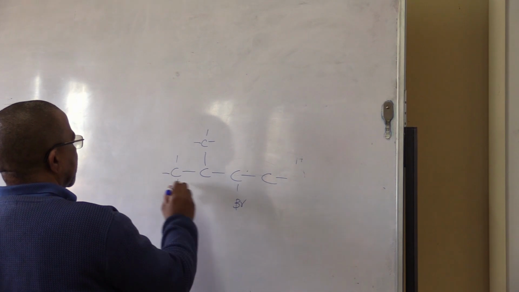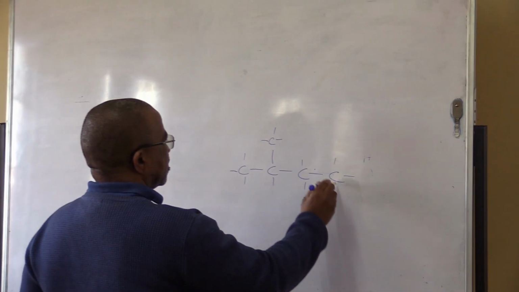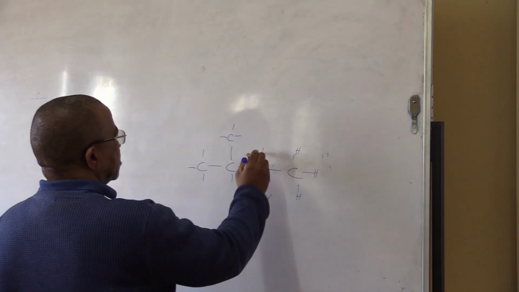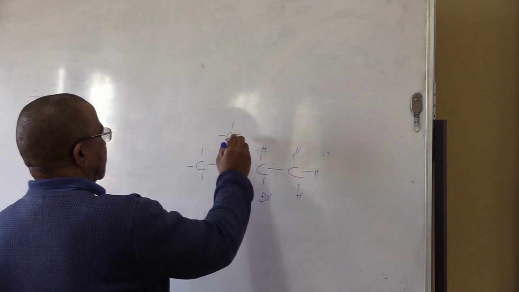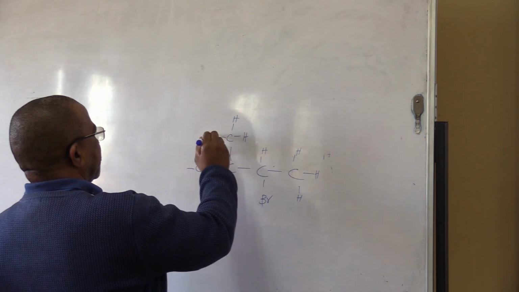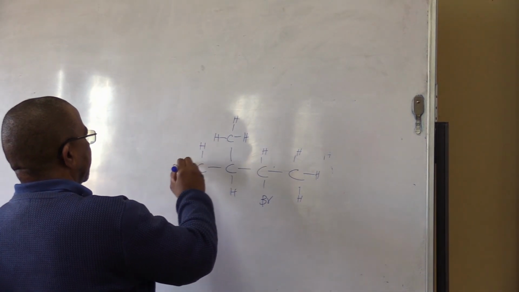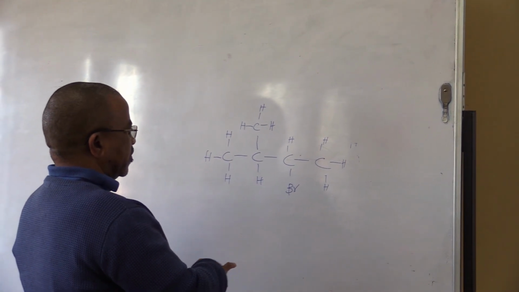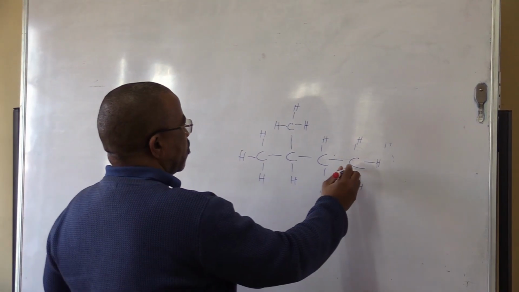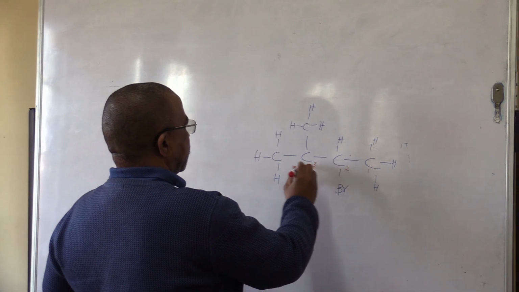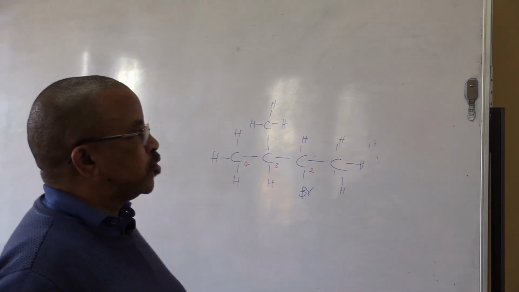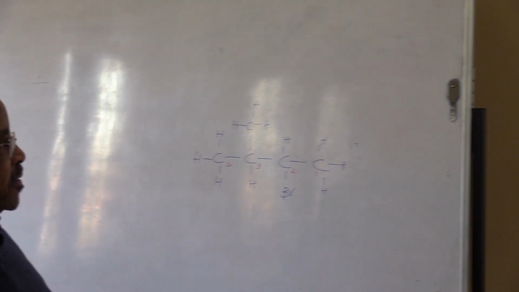So we have something of this nature. So we have 2-bromo, we have 1, 2, 3, 4. Now, we have 2-bromo, 2-methyl butane.